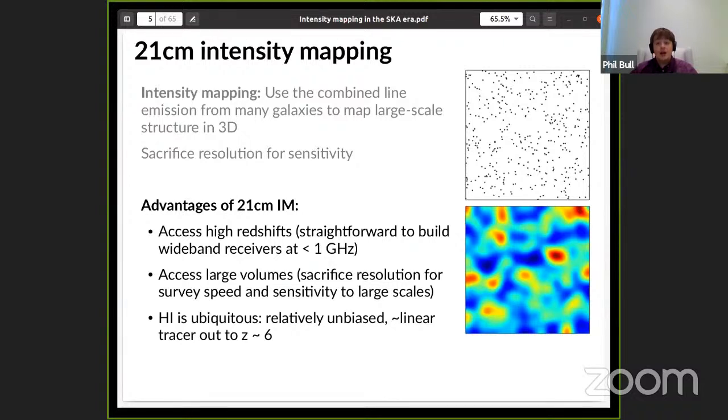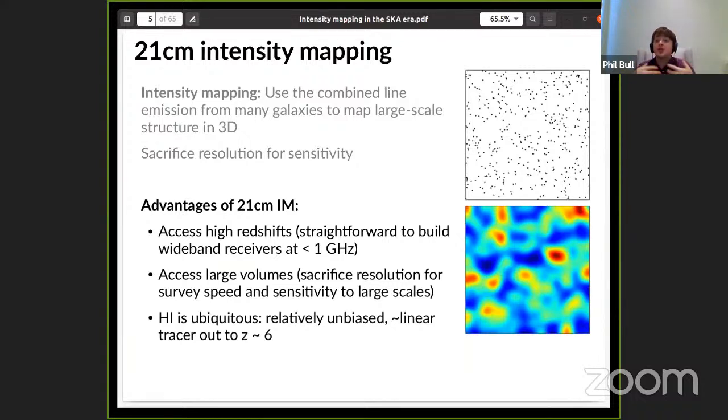And so if we build a radio telescope, we should be able to pick up the 21 centimeter line from neutral hydrogen. We should be able to do that for many, many galaxies all combined together using this intensity mapping technique. And because it's easy to build radio telescopes that give you an output as a function of frequency, that are spectrometers, we can measure this emission line at many different frequencies.